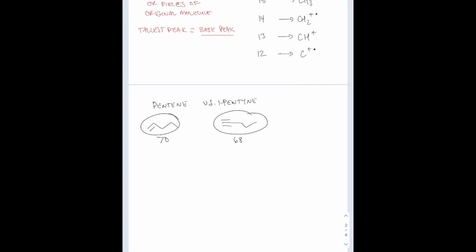And so it could be really easy to analyze our organic molecules using mass spec rather than doing an extreme amount of organic chemistry to differentiate between the two molecules, because they do have a mass difference of 2, and so this mass spec literally takes just minutes.